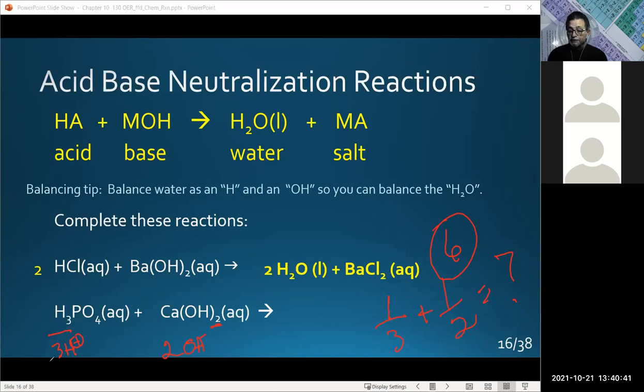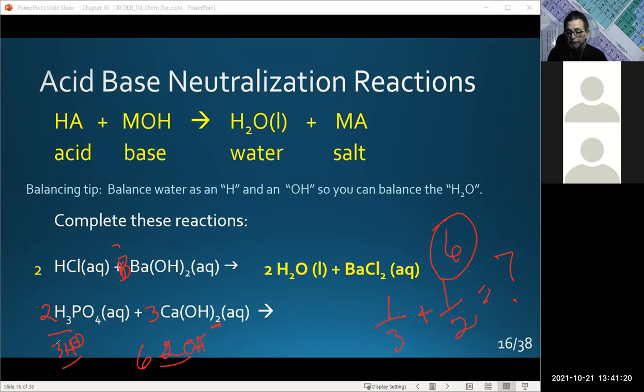So I need to convert the 1/3 to 6 and the 1/2 to 6. Now, do I have a similar situation here where I got 3 protons and 2 hydroxides? Yeah. So I got to find a common factor here. So what if I put a 3 in front of calcium hydroxide, because wouldn't that give me 6 hydroxides now? And what if I put a 2 in front of the phosphoric acid?